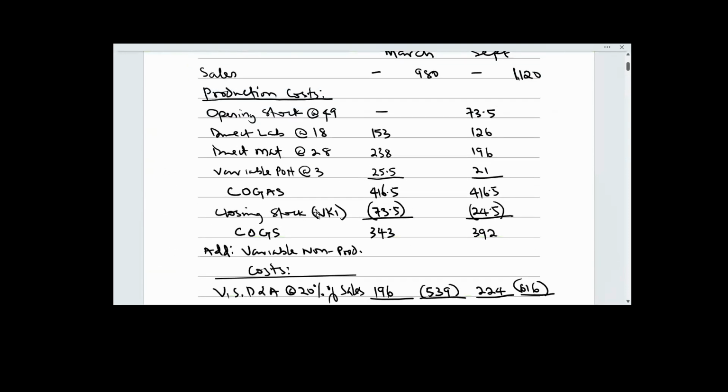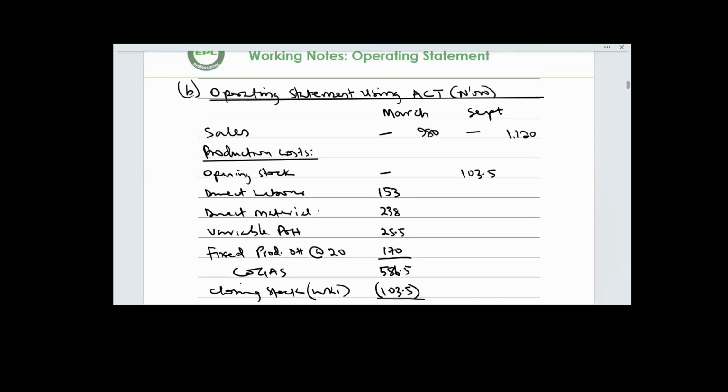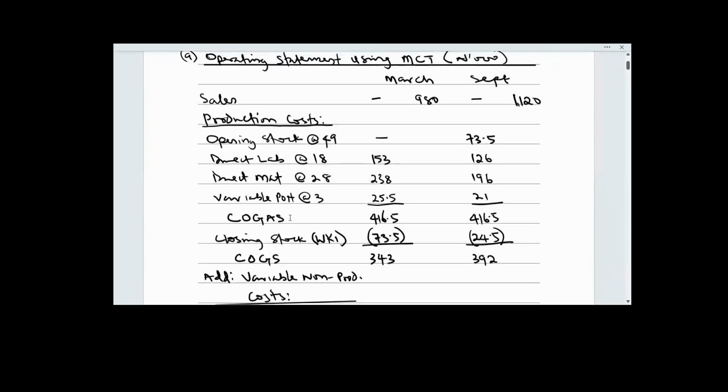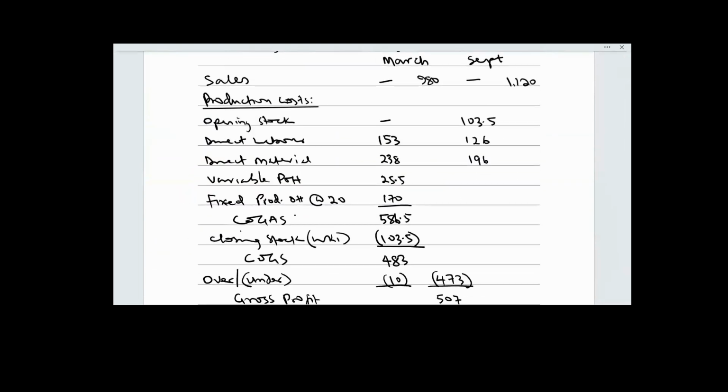What is direct labor there? 126, the second one is 196. Then variable production overhead is what? 21. Here is 21. Then how many units were produced in September? 7,000, multiplied by 20 naira. That's 140. So add it up.